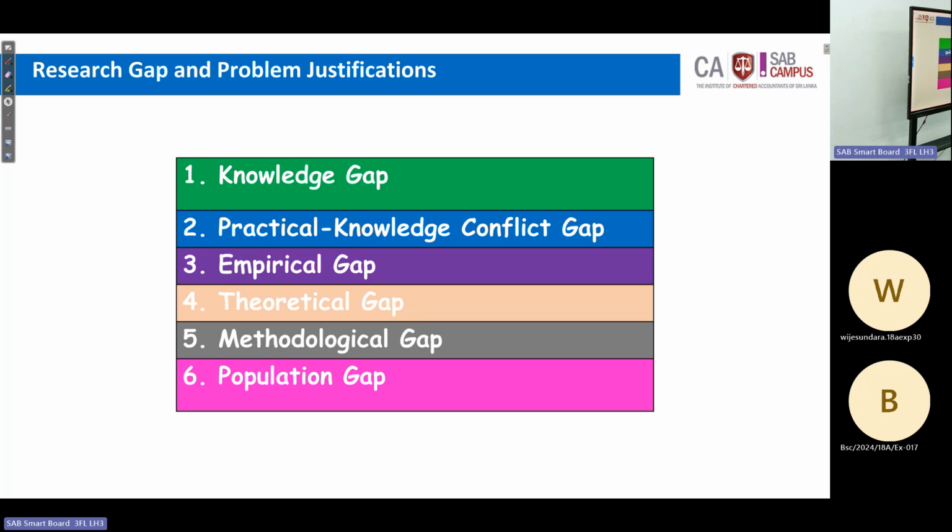Okay, there is a research topic. We have the MOIT scheme.